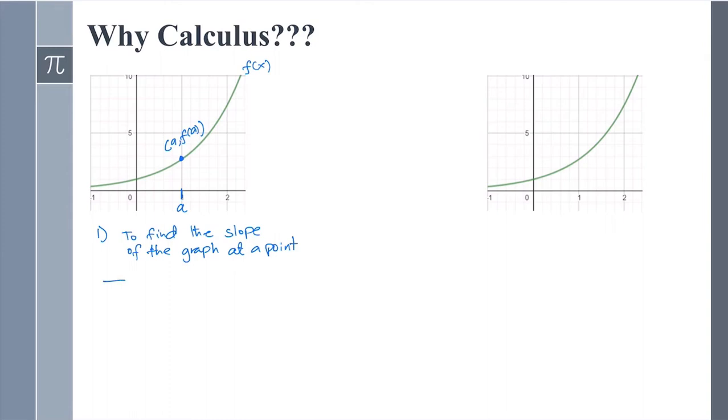So the first one is called limits, and that's what we are going to cover in this chapter. And the second major topic, the limit, will lead to another major topic that is called derivatives. And combining these two will make one branch of calculus, which is called differential calculus.